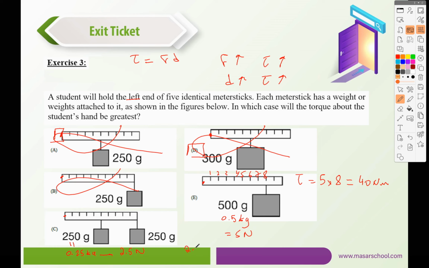Then we have 2.5 newtons multiplied by 1, 2, 3, 4, 5, plus 2.5 newtons multiplied by 10, which is the length of the meter stick. If you plug that into the calculator, that would give you 37.5 Newton meters, which means that the torque produced by the 500 grams at this specific location is greater than the torque produced by the two masses combined at these specified locations. Then E would be the correct answer.